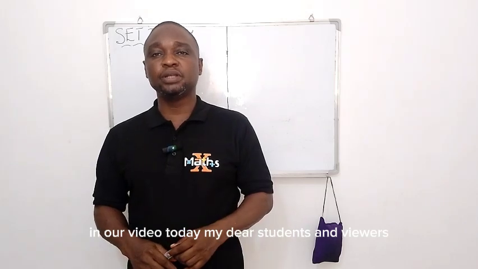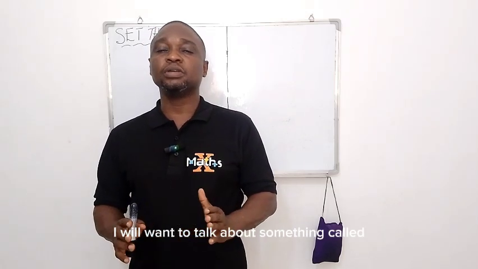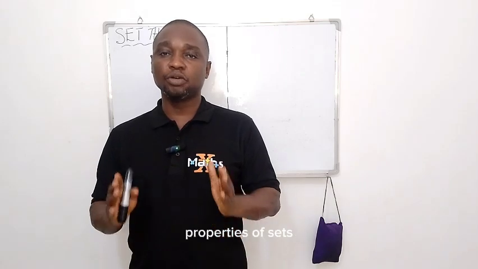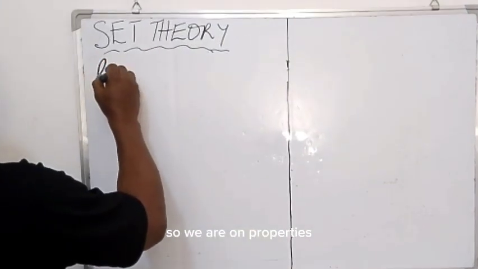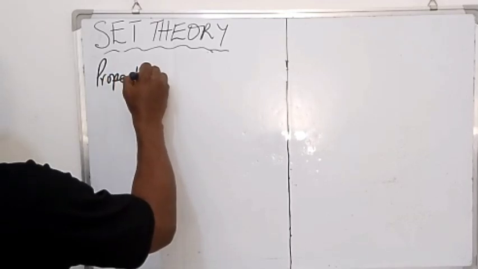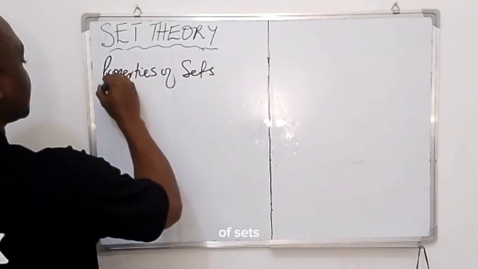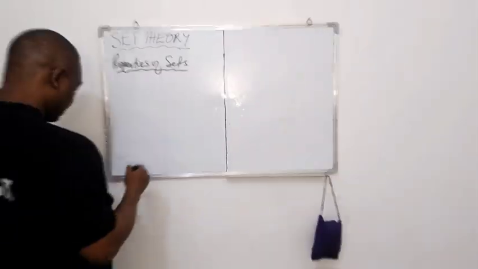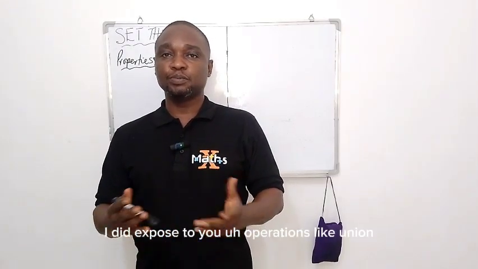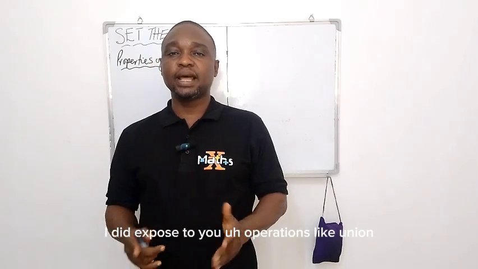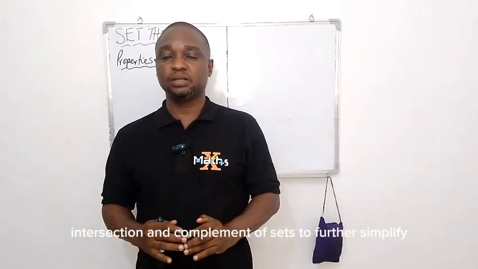In our video today, I want to talk about something called properties of sets. In our video regarding set operations, I exposed you to operations like union, intersection, and complement of sets.